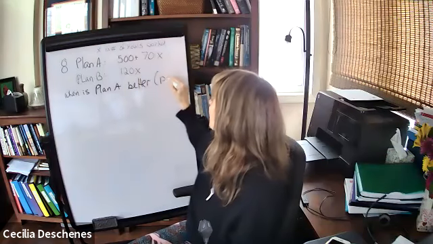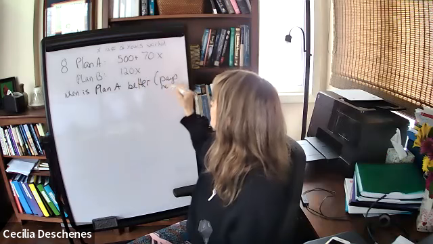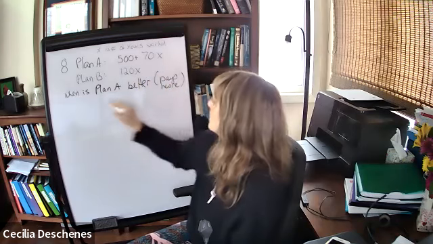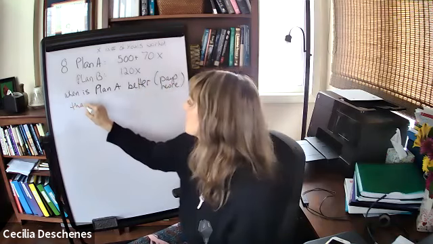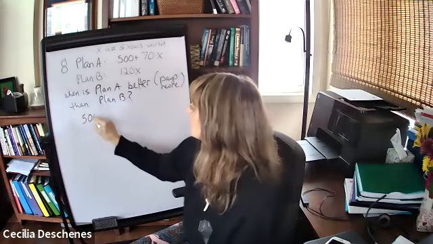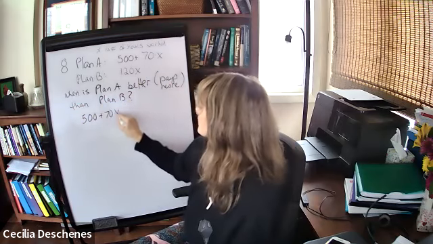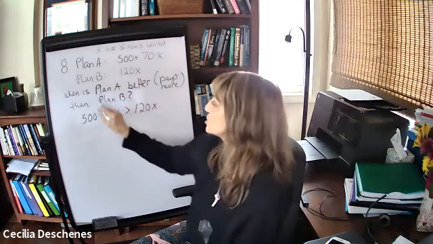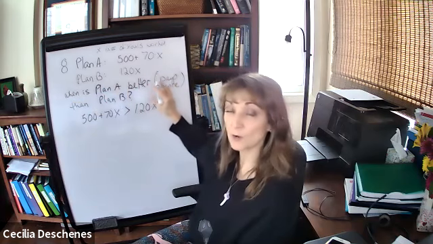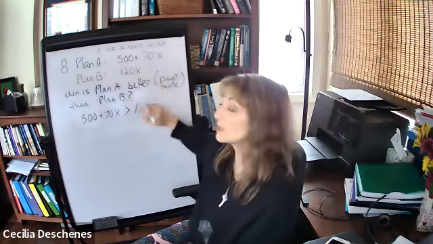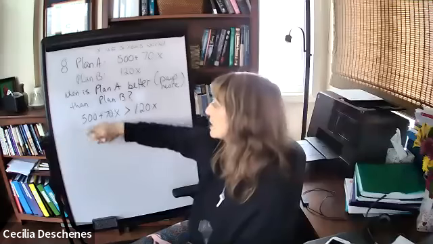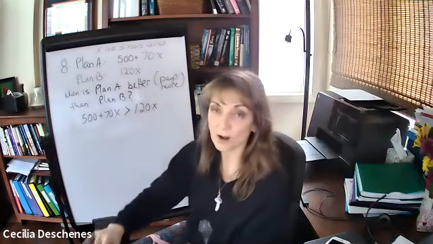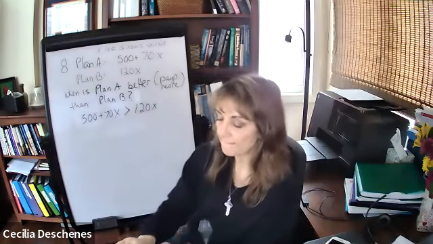And by that we mean pays more, in case that wasn't obvious, than Plan B. So really what we're saying is, when is 500 plus 70X better than Plan B? Right? So I just took what I wrote out, I wrote out the question, and then I start substituting in the information that I'm given so I can turn the word problem into a math problem.